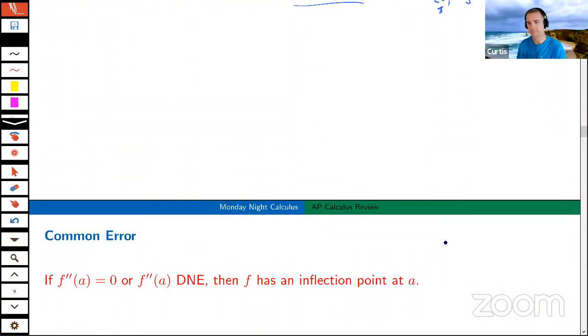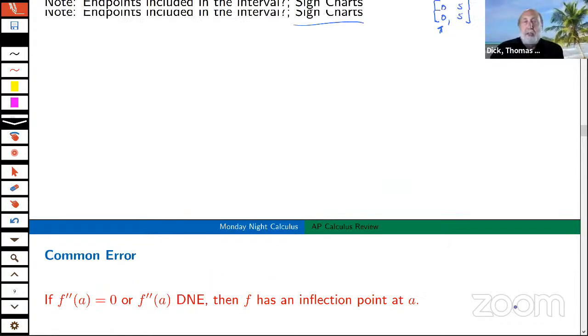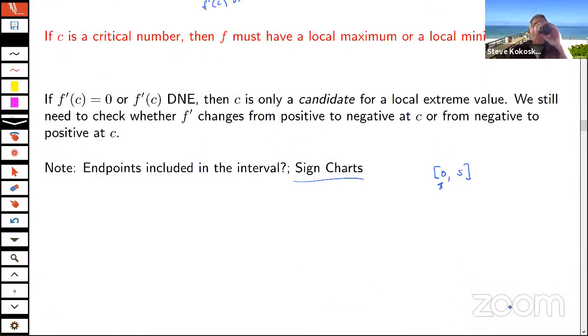Yeah. All right, how about this? Steve? What's that? Go ahead. It has to do with what you just had up there about critical values. Sure. Right. And this is an error I've run into with students sometimes: for C to be a critical number, it does have to be in the domain of your original function. Correct.